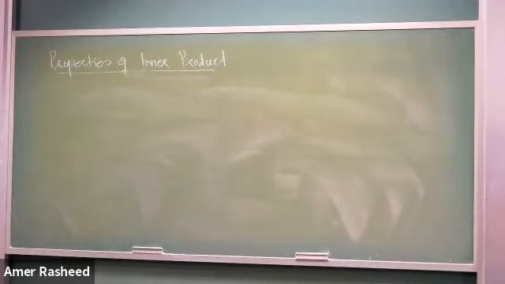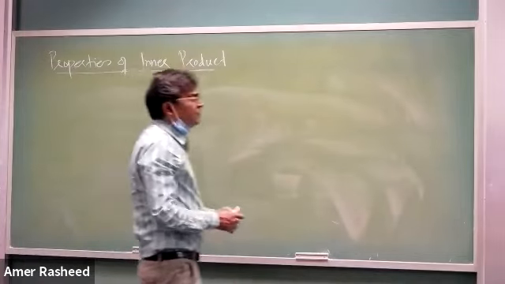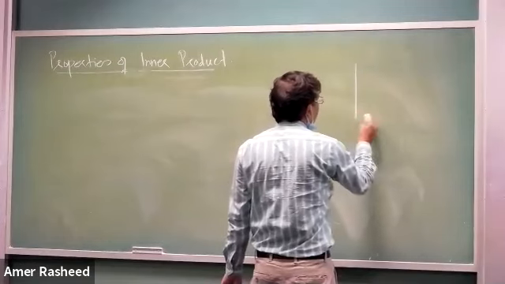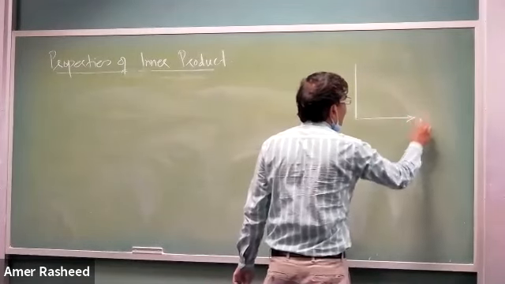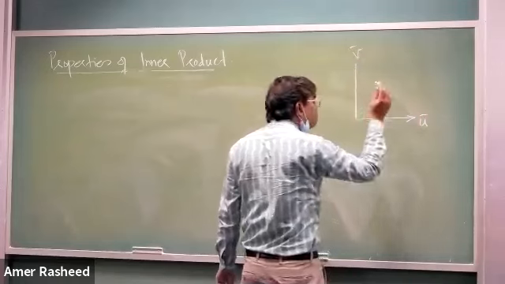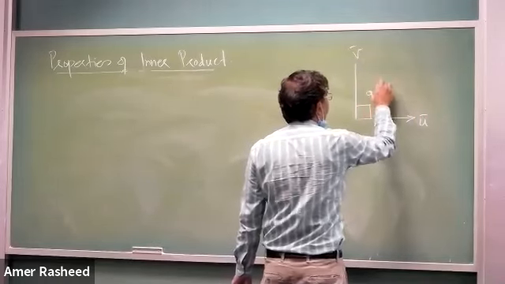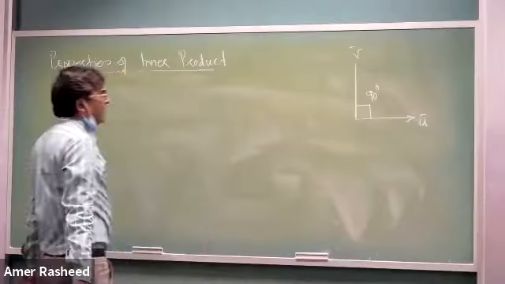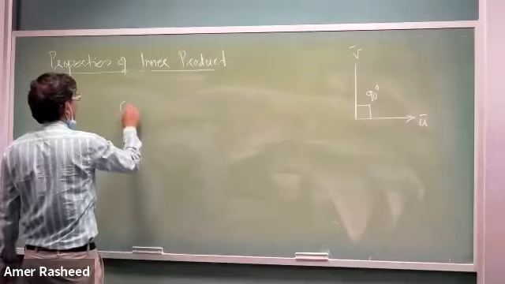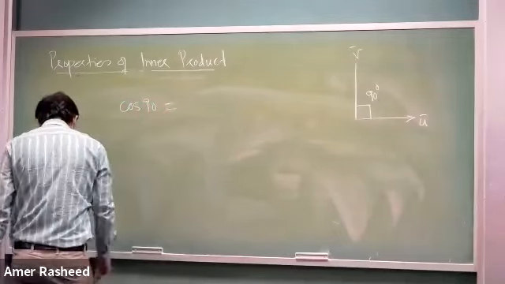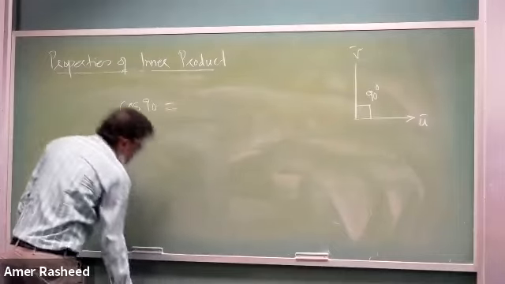Now, when two vectors are orthogonal, orthogonal means perpendicular. If you have two vectors u and v that are orthogonal, they make a 90-degree angle with each other. According to this equality, cos of 90 is 0.